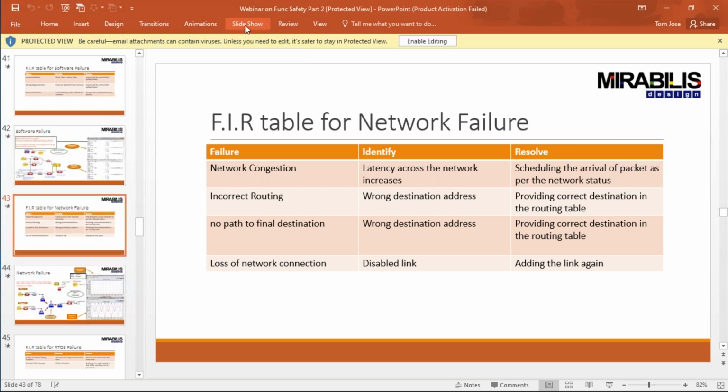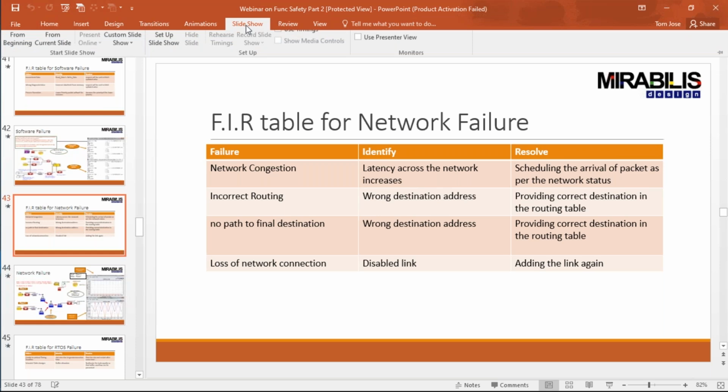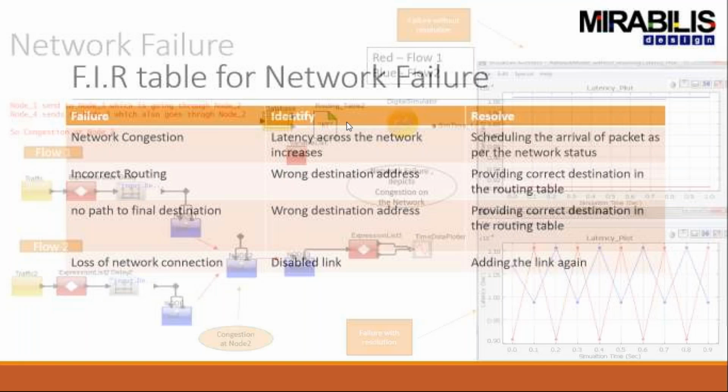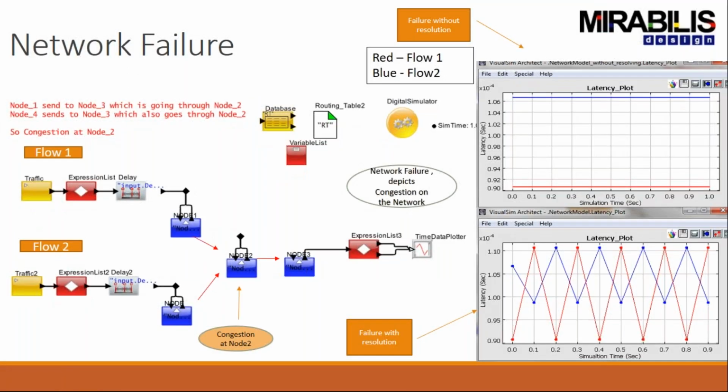So if we move on to the network failure slide, we do see that we are representing the congestion at node 2, because over time flow 1 and flow 2, from node 1 and node 2, we are getting data from both nodes, and at node 2 we can see the congestion. So over time there will be an increase in the latency. So you can see the plots.